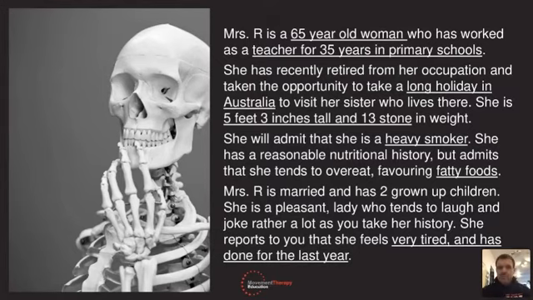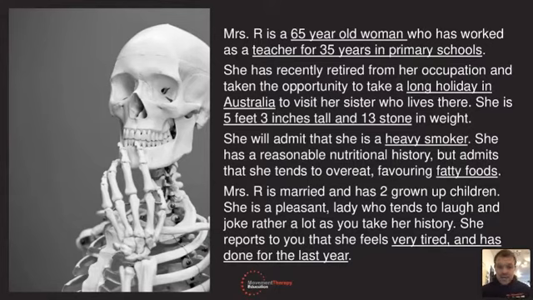So have a think about her job, what kind of environment she's in, and the kind of day-to-day biomechanical issues that may come about from teaching in primary schools, especially for that long. She's been on a long holiday in Australia, and I think Kay emailed me earlier about DVTs. We're going to have a little bit of a chat about that later on. So that's a good thought with this one.